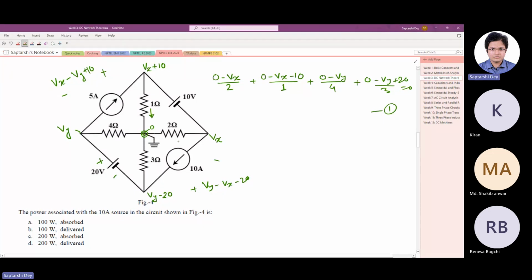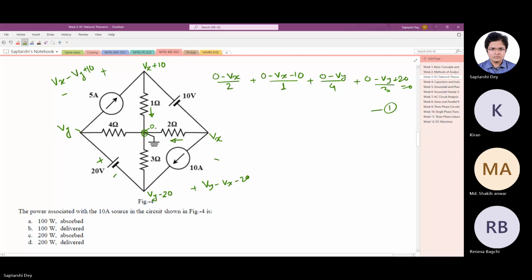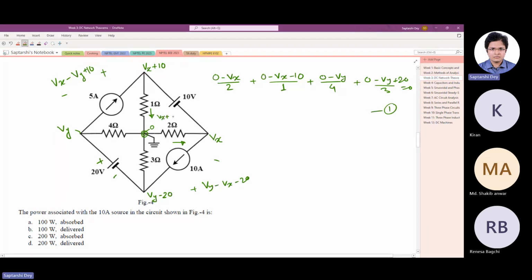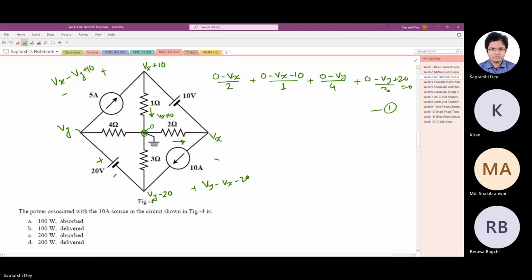Let us use this. What is the current here, and what is the current here? So this current is Vx plus 10, and this current is minus Vx by 2.